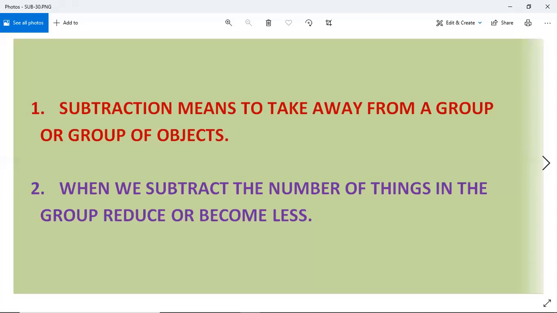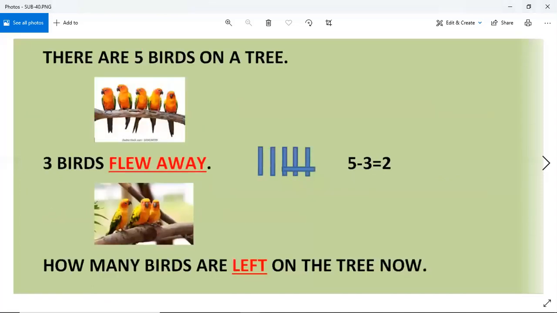Now let us come to word problems, how to identify them. Now, supposing there are 5 birds on a tree. 3 birds flew away. Now children, look at this signal word flew away. As I told you, flew away, take away, swam away in the case of water animals.